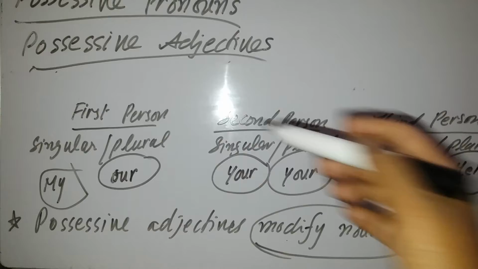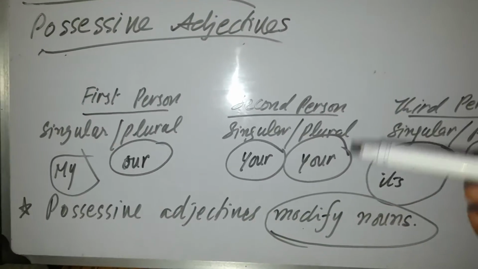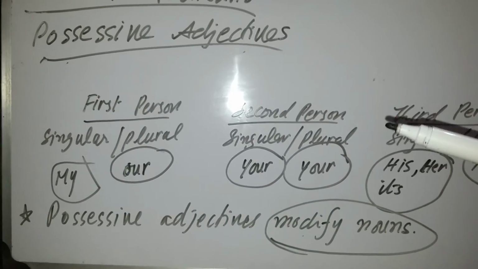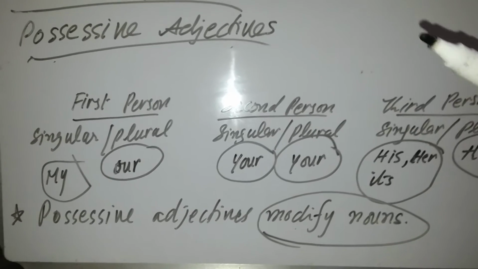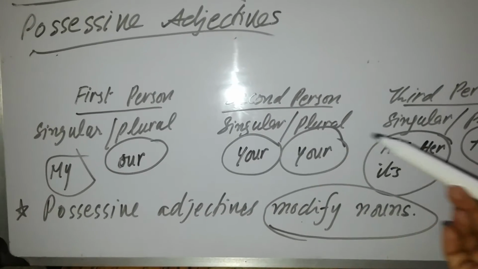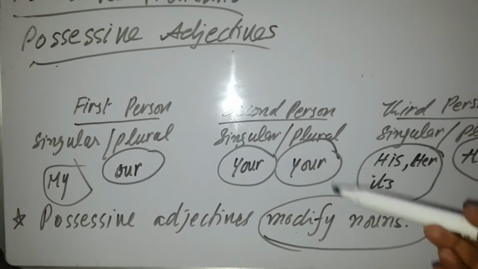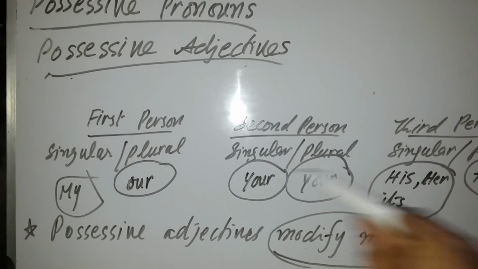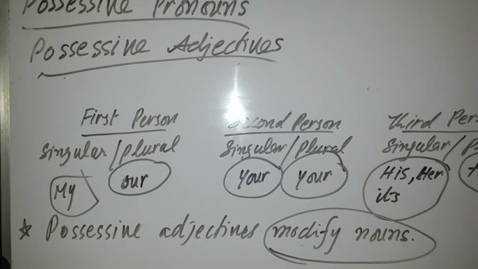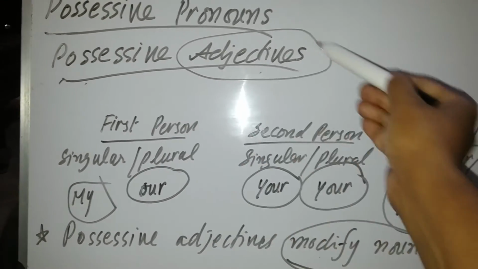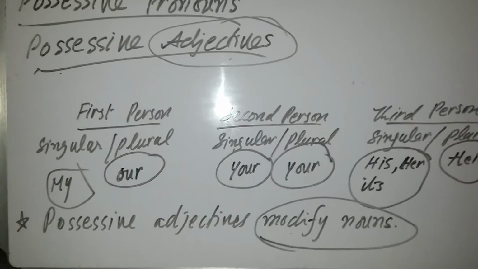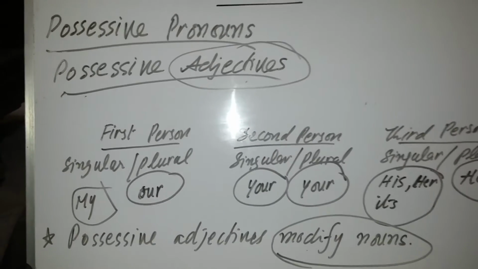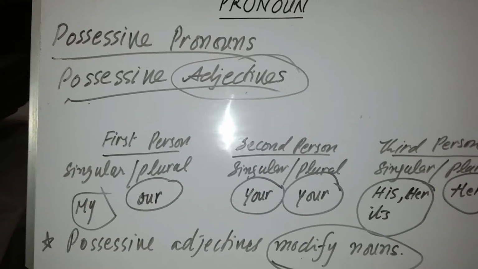But possessive adjectives need a noun to be written after them. That's why we also call these pronouns adjectives, because they modify any type of noun. Now I'll give you examples of these possessive adjectives which will make it clear.